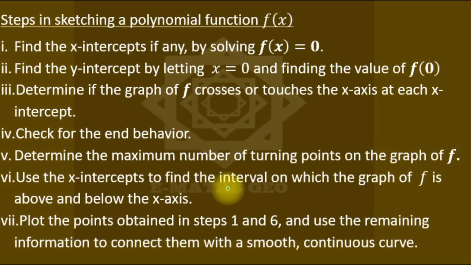The sixth one is to use the x-intercepts to find the intervals on which the graph of f is above or below the x-axis. We're going to use a table here because we know the x-intercepts, which are the zeros or the roots. We can now check between those.